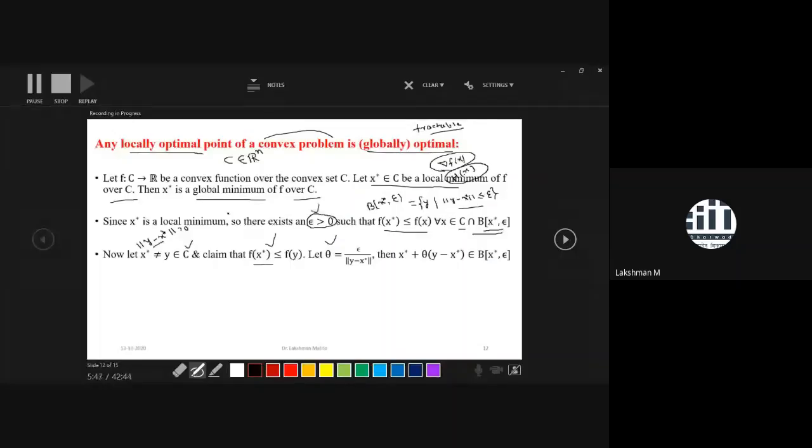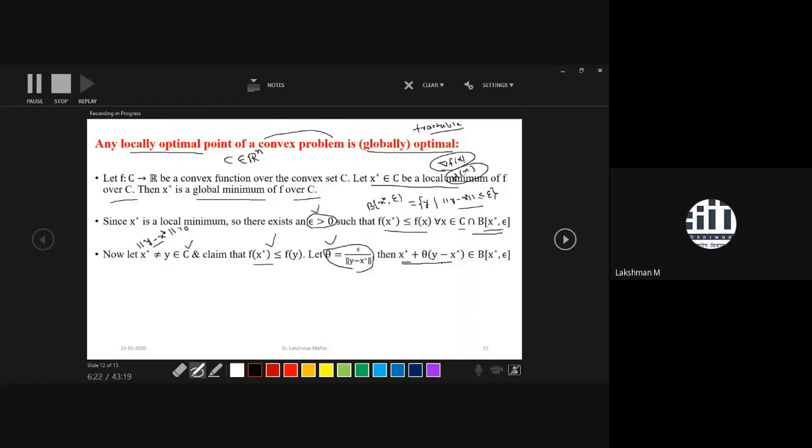Taking theta between 0 and 1, with respect to that we are defining a new point x star plus theta times y minus x star. Definitely this point would again be in the closed ball B of x star, epsilon. How can you visualize it easily?